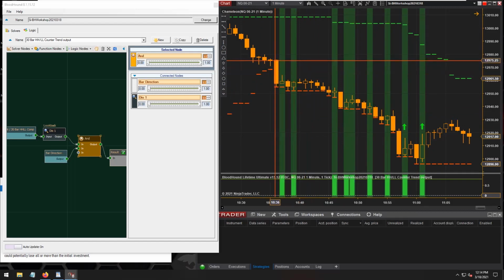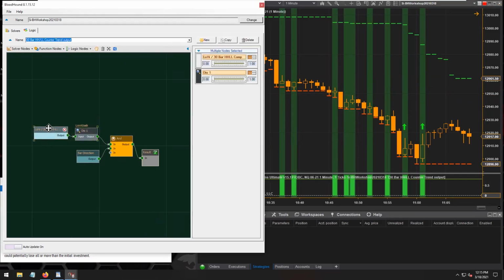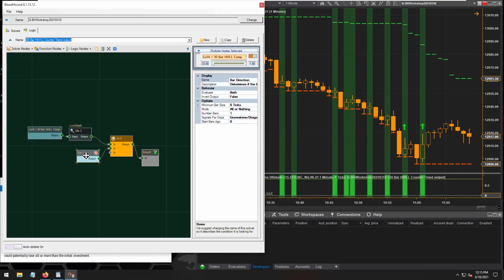So after we get a new lower low, if the next bar is up, then we get a signal, right? New lower low, the next bar is up. And here's a new lower low, the next bar is up. So with this comparison solver and this look back node, you can now add your own custom filtering to filter out specifically what you're looking for.